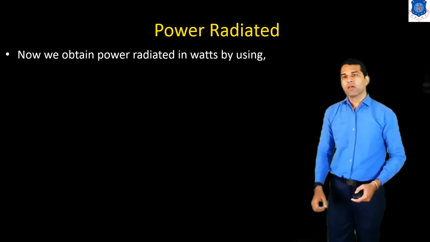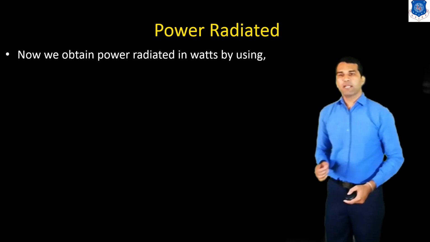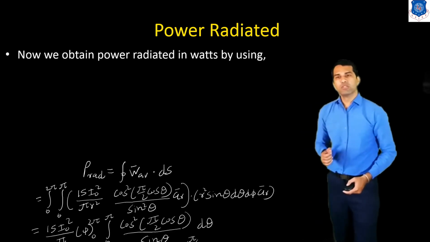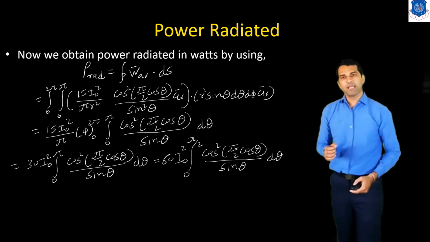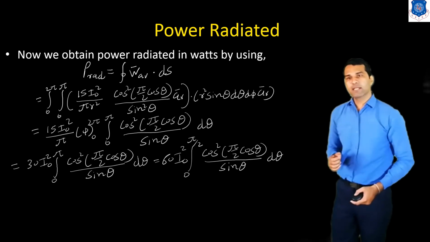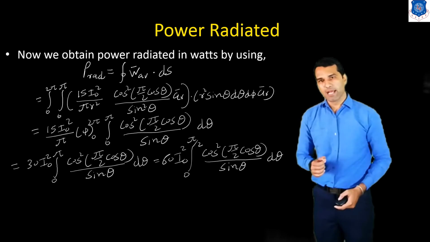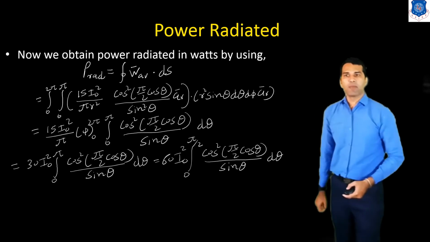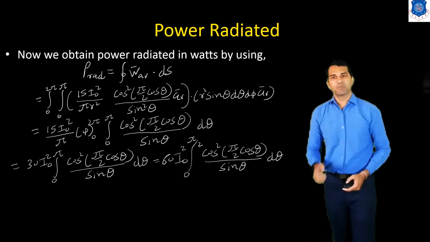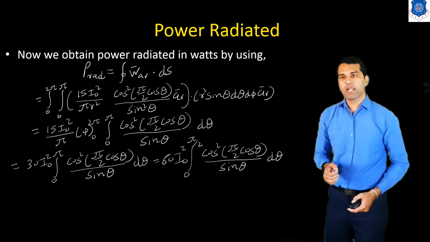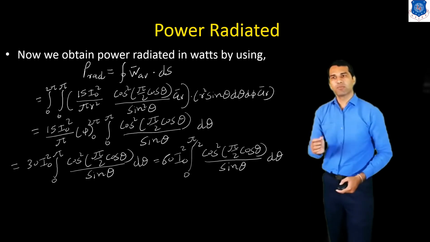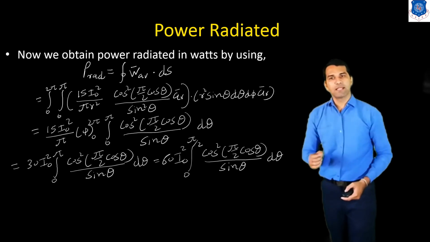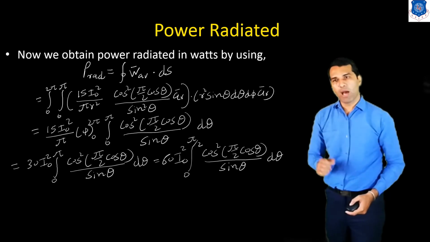Now we obtain the power radiated in watts by using power radiated is equal to the integration of W average into dS, the same as in the Hertzian dipole. For the spherical coordinate system, we know that the integration becomes 0 to 2 pi, and the second integration becomes 0 to pi.